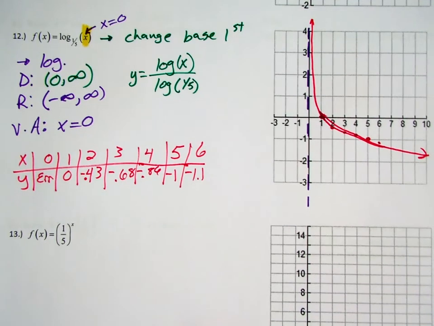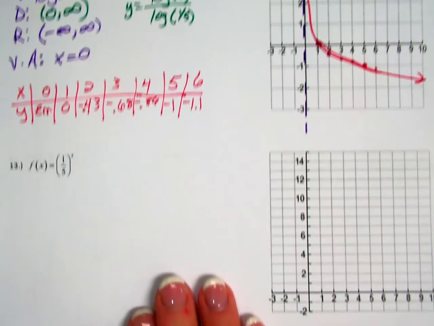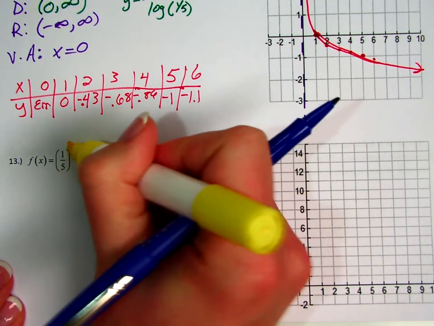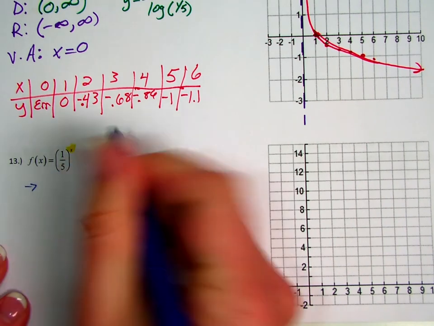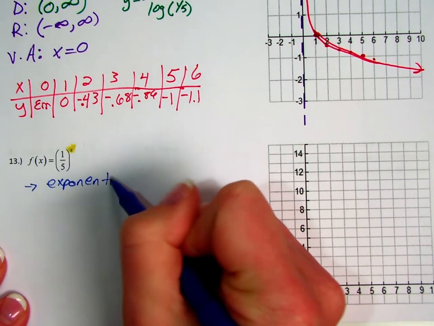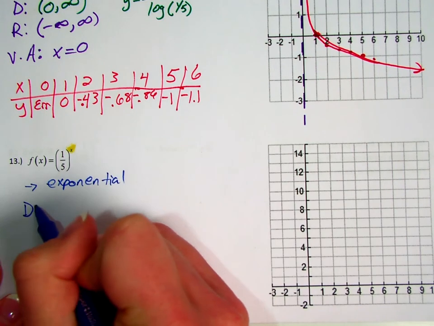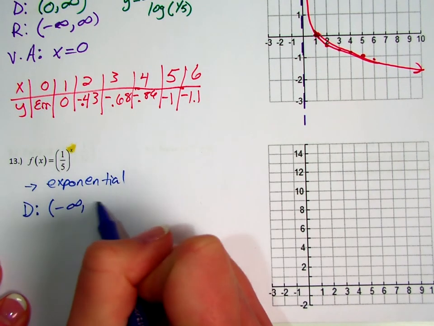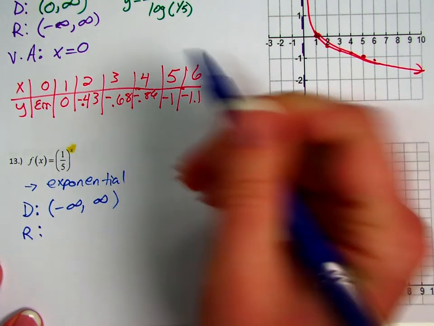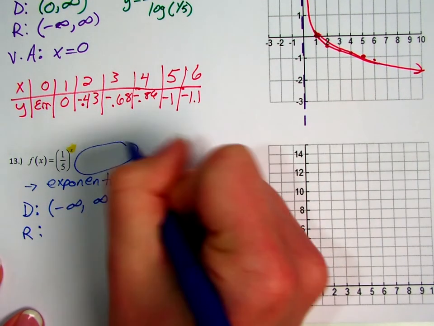All right, last one. So again, when we look at this, we should note that this is exponential because we have an exponent for a variable. And as soon as I see that it's exponential, that tells me my domain is going to be -infinity to infinity. My range will come from finding my asymptote. And remember, the asymptote should come from what's added at the end.